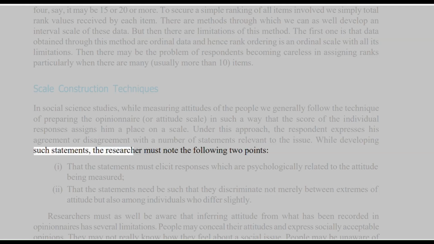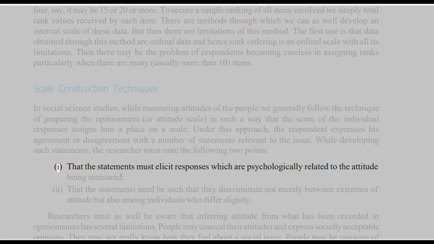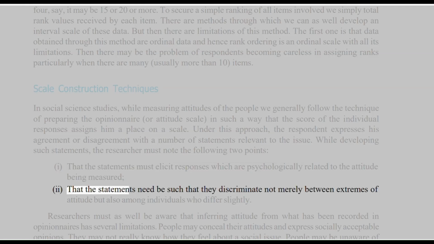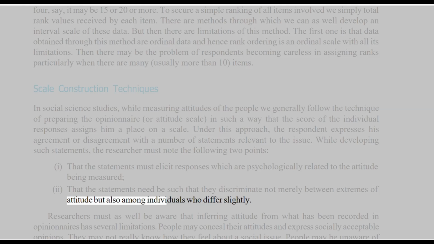While developing such statements, the researcher must note the following 2 points. 1. That the statements must elicit responses which are psychologically related to the attitude being measured. 2. That the statements need be such that they discriminate not merely between extremes of attitude but also among individuals who differ slightly.